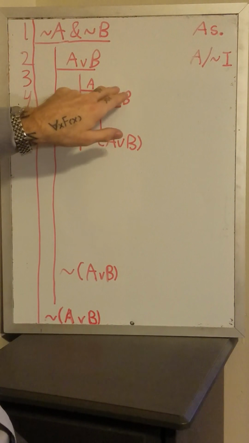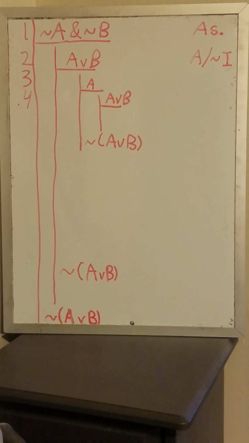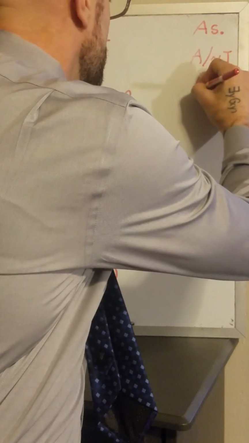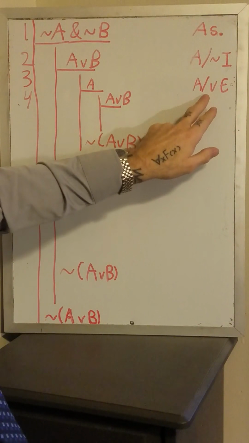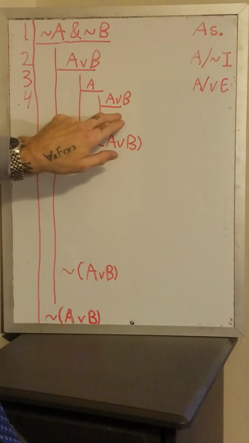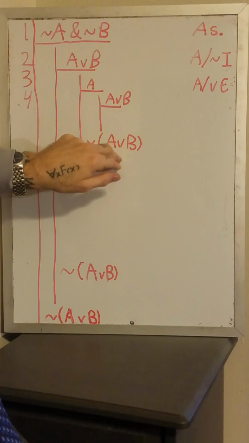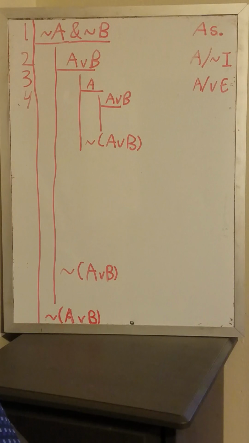So here A, we assumed A for purposes of disjunction elimination. Here we're assuming A or B for purposes of negation introduction.